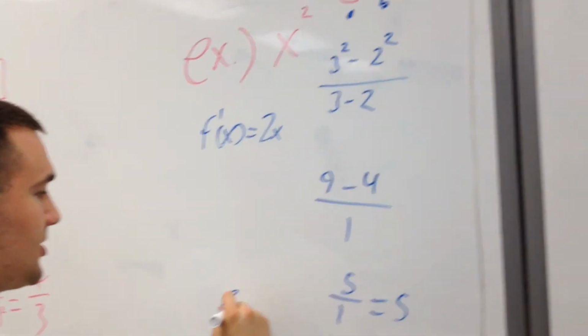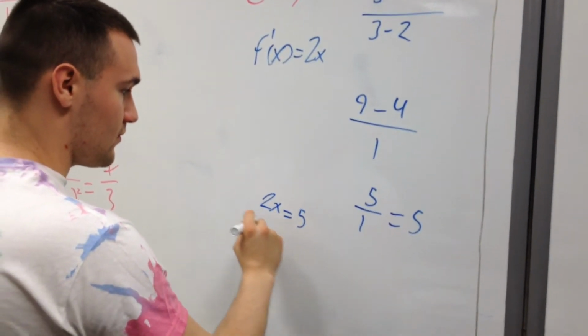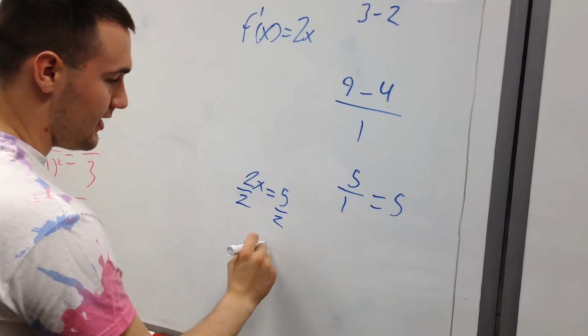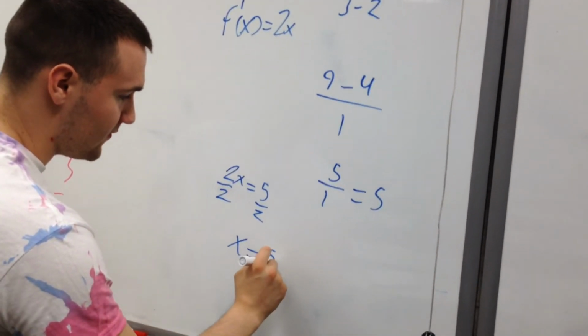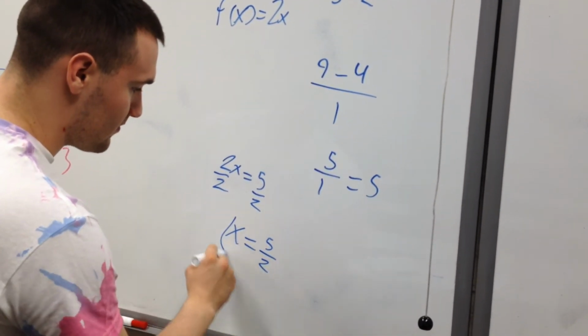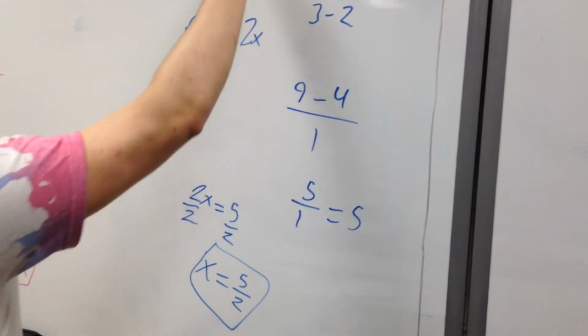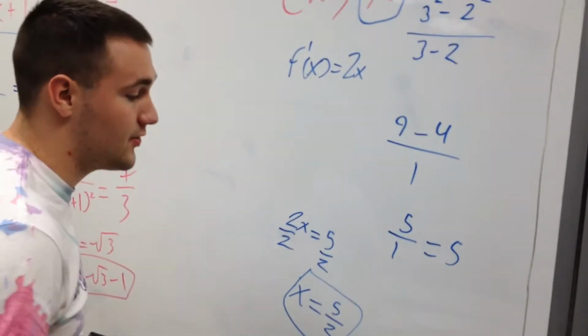Then we set it equal to our derivative. Divide both sides, and now x is equal to 5 divided by 2. And that's the answer for our original equation using the mean value theorem.